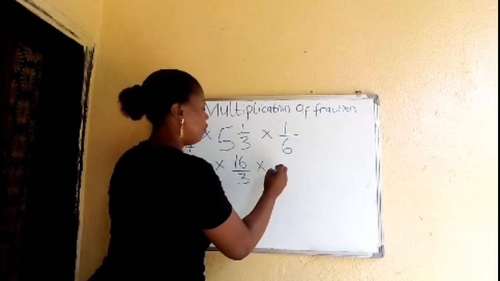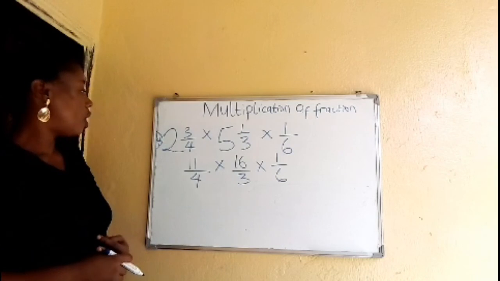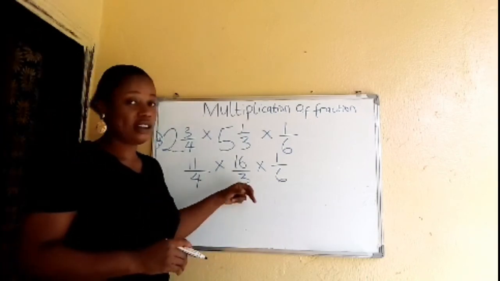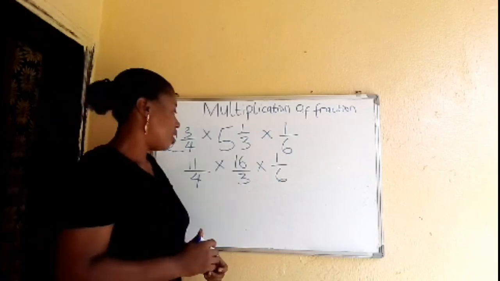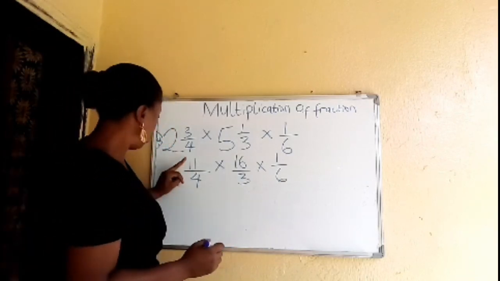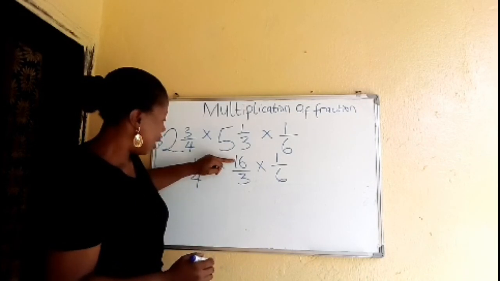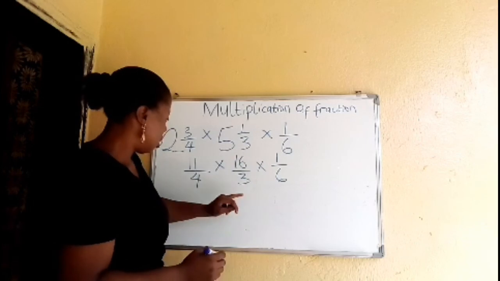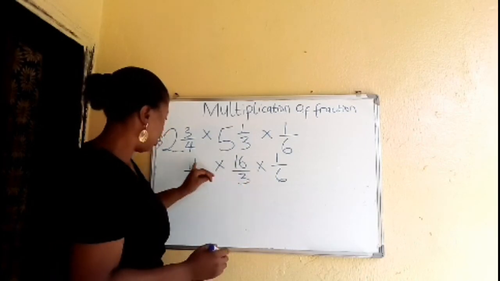Then we now have the proper fraction written down there. So the next thing we are going to do is to find if they have multiples or factors that we can divide out. So we have 4 here. 4 cannot divide 11. 4 can divide 16. 3 cannot divide 11. 6 cannot divide any of this.